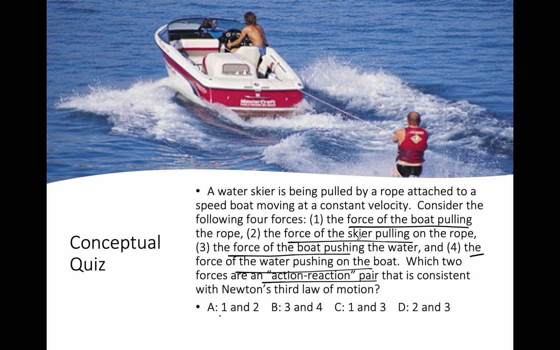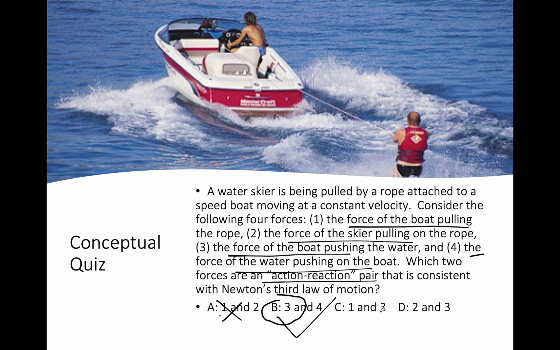Force 2: skier, rope. So you have three objects. So 1 and 2 is not an action-reaction pair. 3 and 4, boat pushes water, water pushes boat. A pushes B, B pushes A. Is it an action-reaction pair? Yes, right? So B is the correct answer.